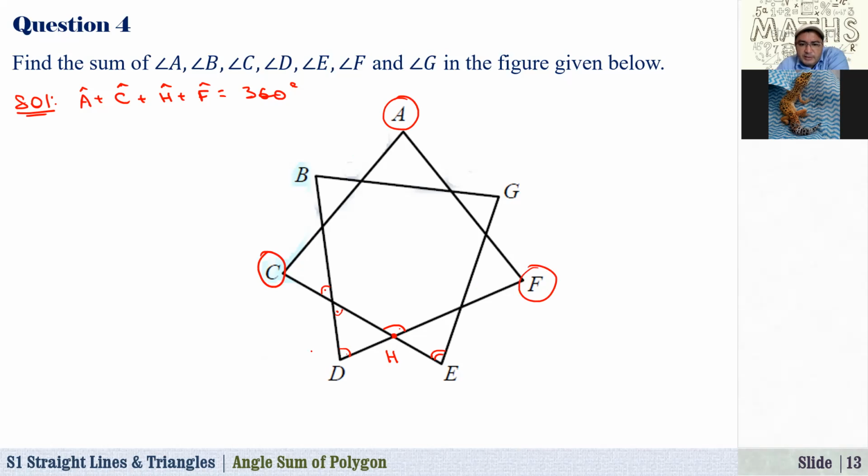So now using BGD. And how about B, D, and also this angle? Let's say this one is HI, right?